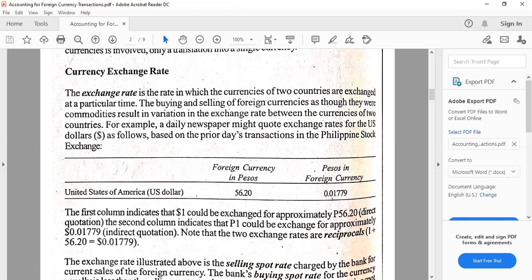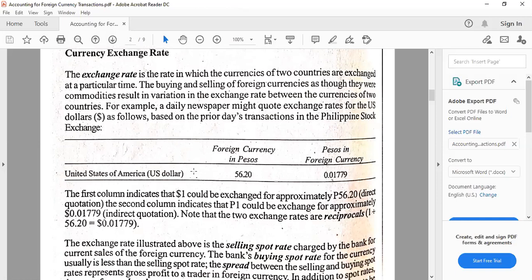And if it is the reverse, we can see here that 1 peso is just a fraction of the dollar, like 0.01779, and that is indirect quotation. We can take note though that the two exchange rates are reciprocals of each other, of course. So 1 over 56.2 is this amount. Hopefully the two types of quotations are clear now.